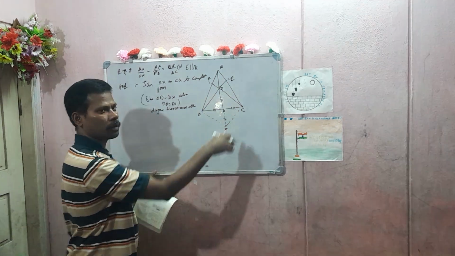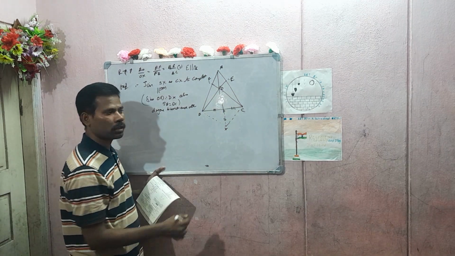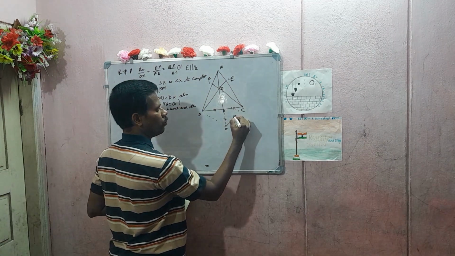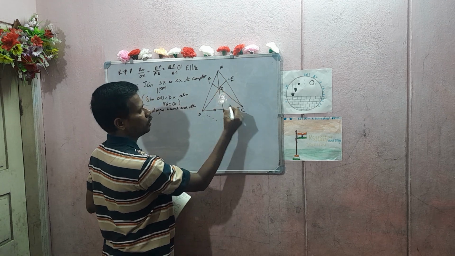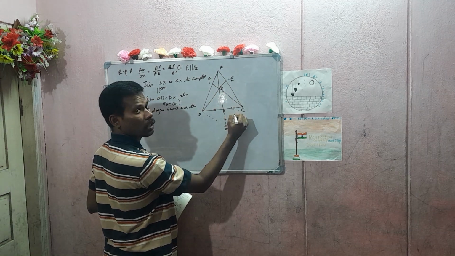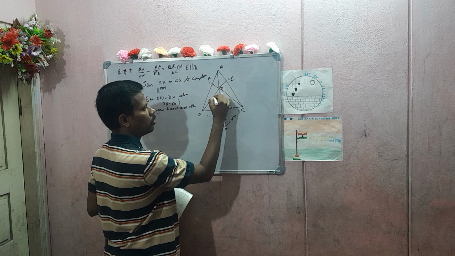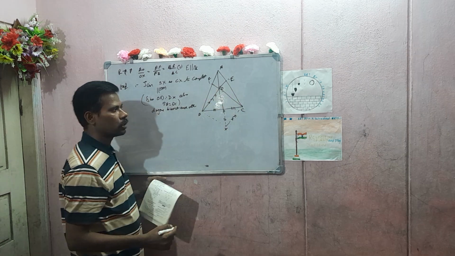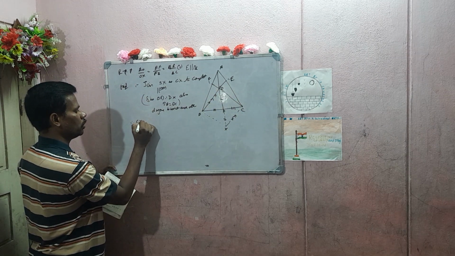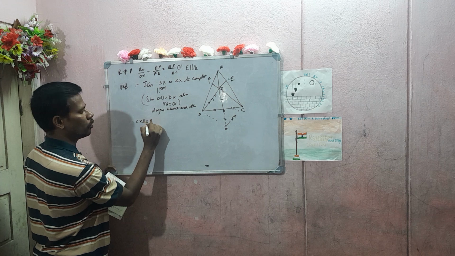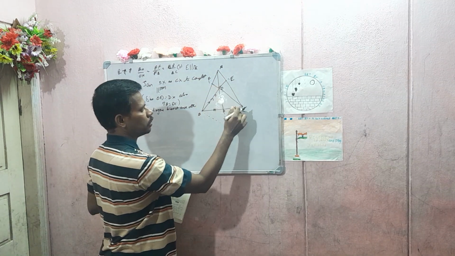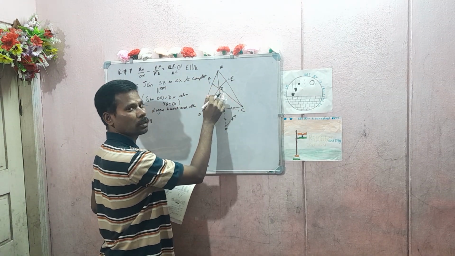So therefore this forms a parallelogram. If this is a parallelogram, XC is parallel to OB. Therefore CX is parallel to OB.